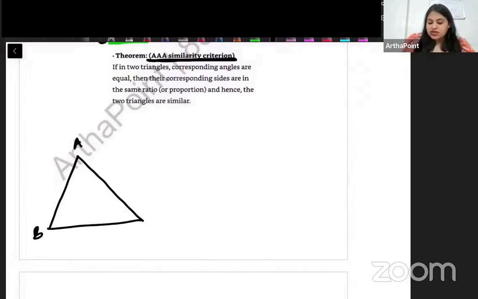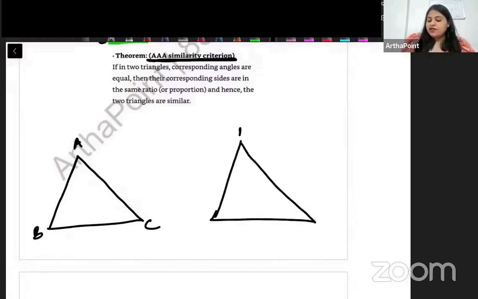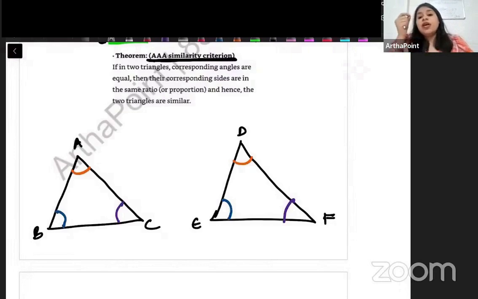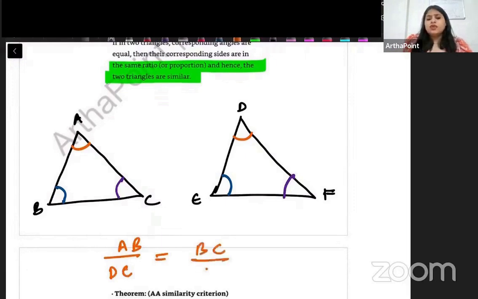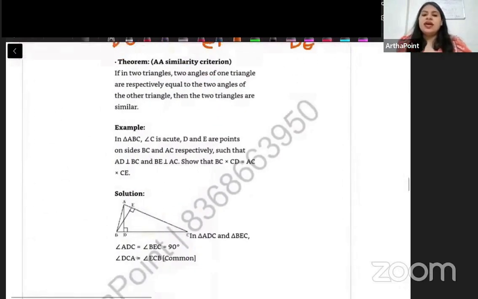So this is A, B, C, and this is D, E, F. But if I tell you that angle A is equal to D, angle B is equal to E, angle C is equal to F, so the corresponding angles are equal, then the corresponding sides are in the same ratio and hence the triangles are similar. So the ratio of AB by DE will be equal to BC by EF will be equal to AC by DF. This is called the AAA criteria, right?